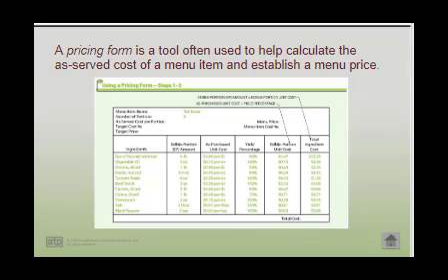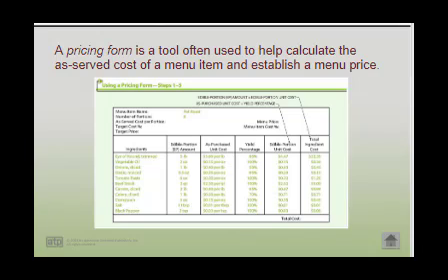A pricing form is a tool often used to help calculate the as-served cost of a menu item and establish a menu price. The procedure for using a pricing form is as follows. Number 1, enter information from the standardized recipe, including the menu item name, number of portions, ingredients, and edible portion amounts.